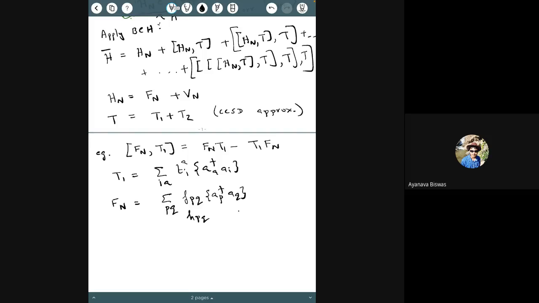In the notes by Crawford, they have written it as f_pq, so I am writing it that way, but you can do the coupled cluster theory just with small h as well.